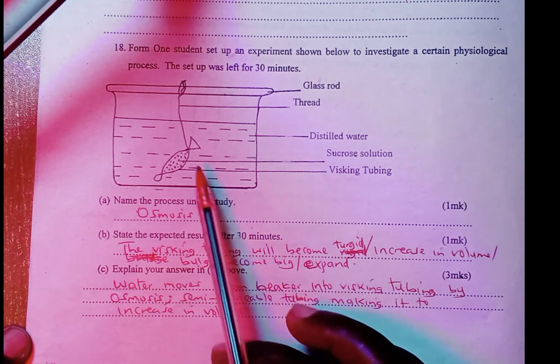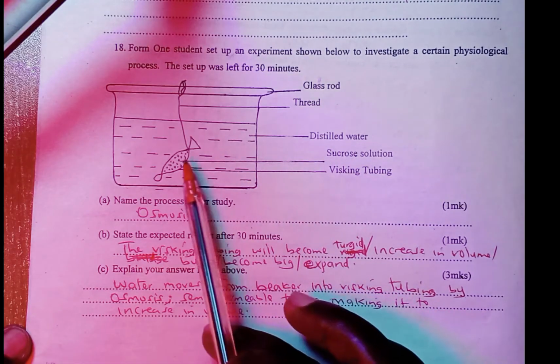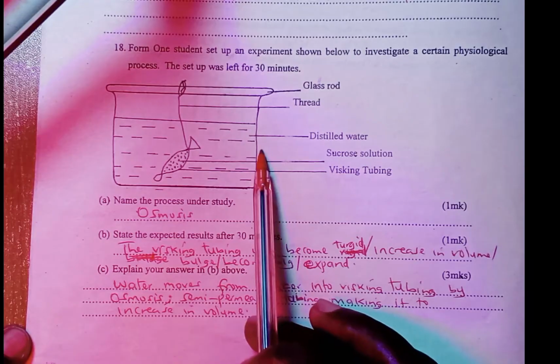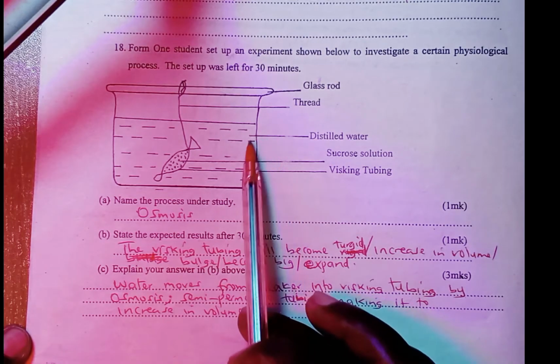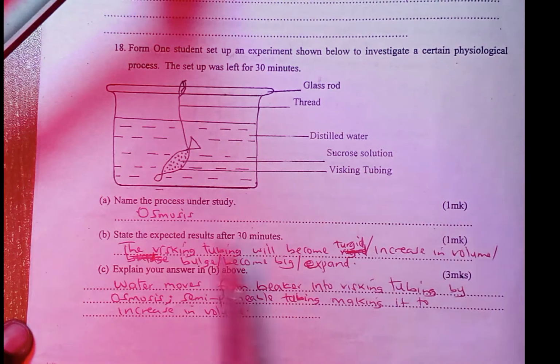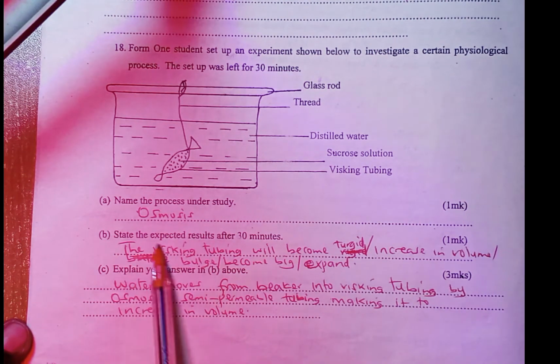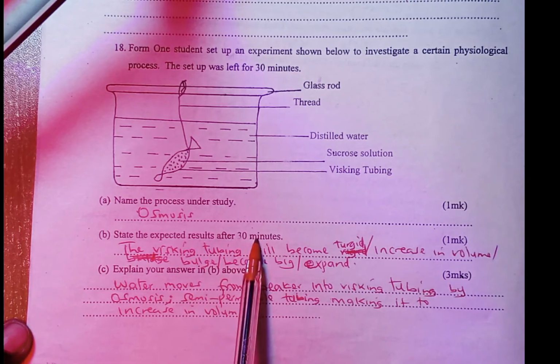When you look at distilled water and sucrose solution, whenever we have the water, that is one of the hints that the process being investigated is osmosis. Number 1, name the process under study. This is osmosis. B, state the expected results after 30 minutes.